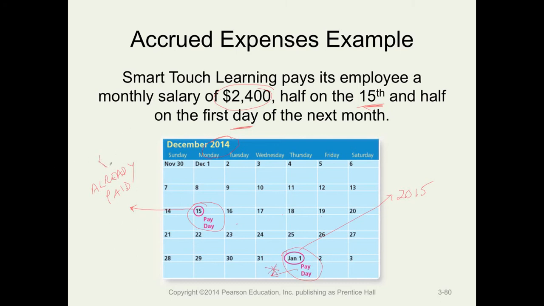Again, $1,200 is already paid, but you owe $1,200 on December 31st, 2014. So as of this date, you have to accrue another $1,200 of salaries.